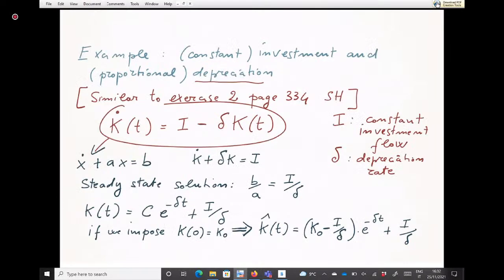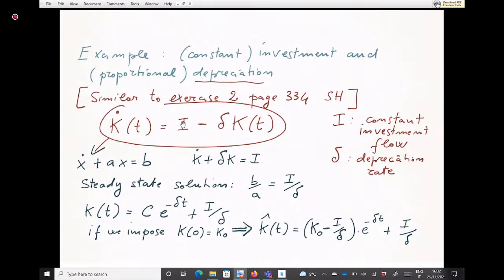So one of the most basic applications to economic dynamics is the dynamics of capital stock as a function of two different exogenous forces. One is an endogenous force by which, without new investment, the capital stock depreciates over time.